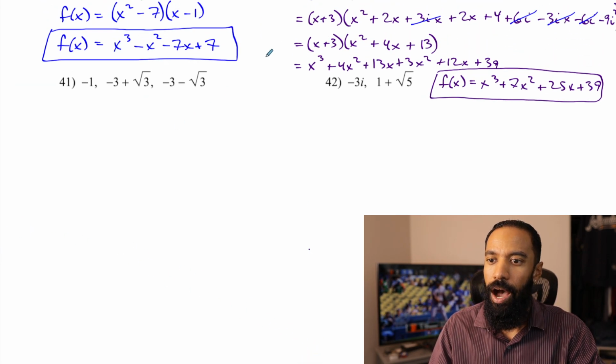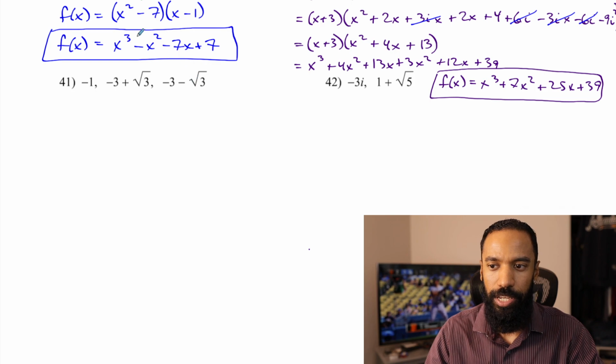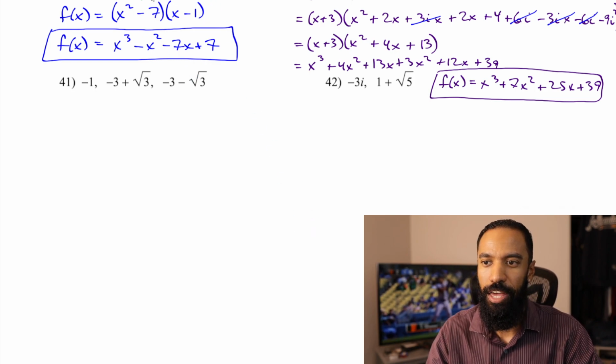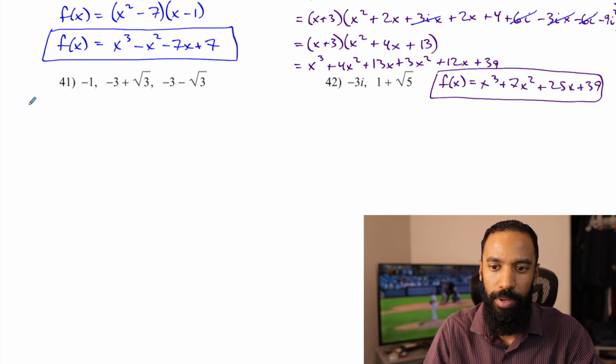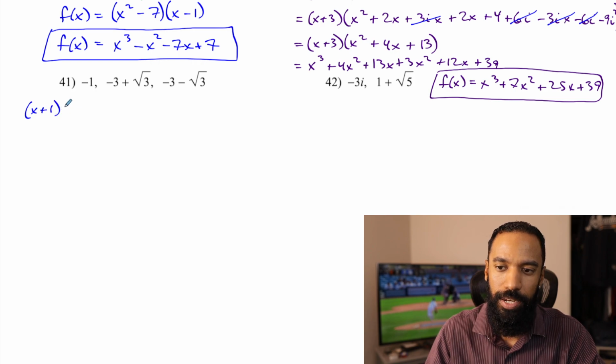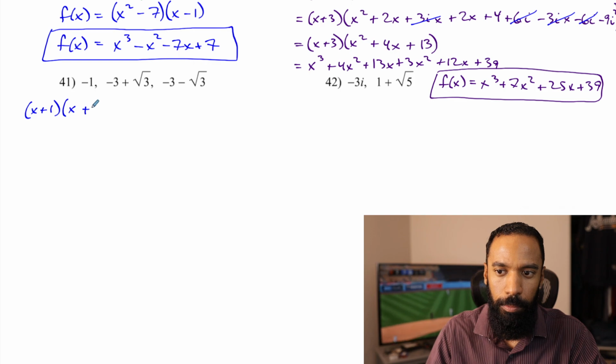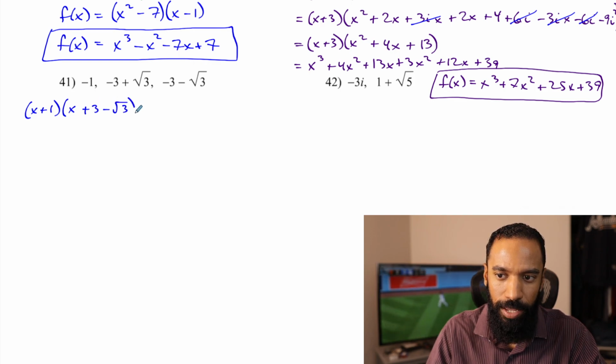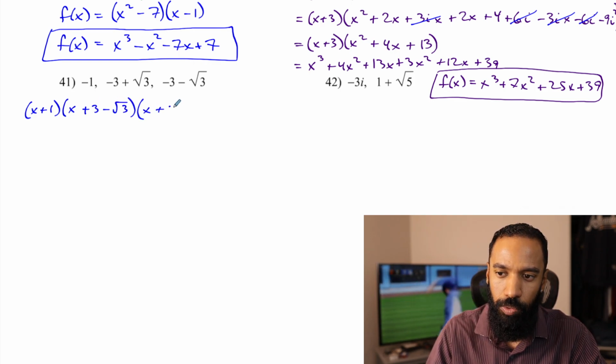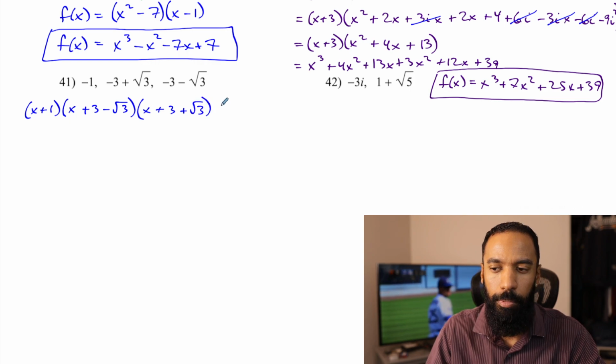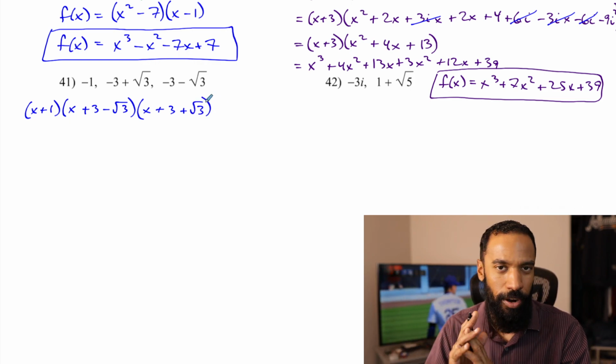Let's keep going. This one already does show the conjugation. That doesn't help me much because I could come up with that on my own, but we can just make it into a cubic. The factors would be x plus 1, x minus this, so x plus 3 minus root 3, and then x plus 3 plus root 3. Like I said, there are probably faster ways to do this. This isn't one I do very often.